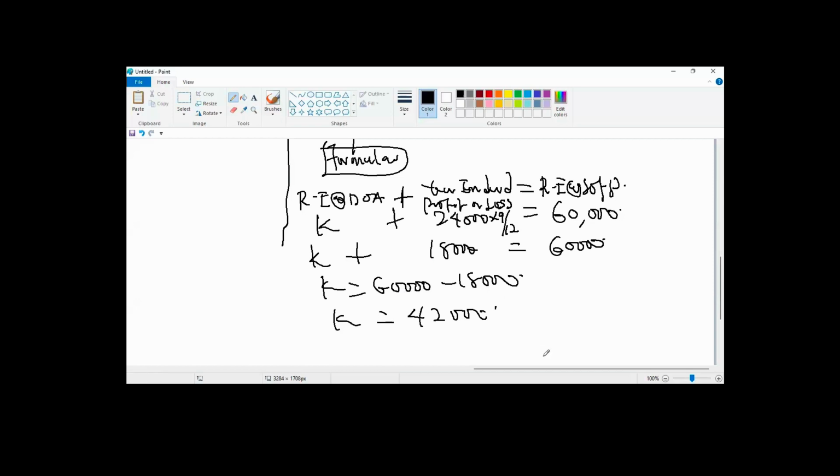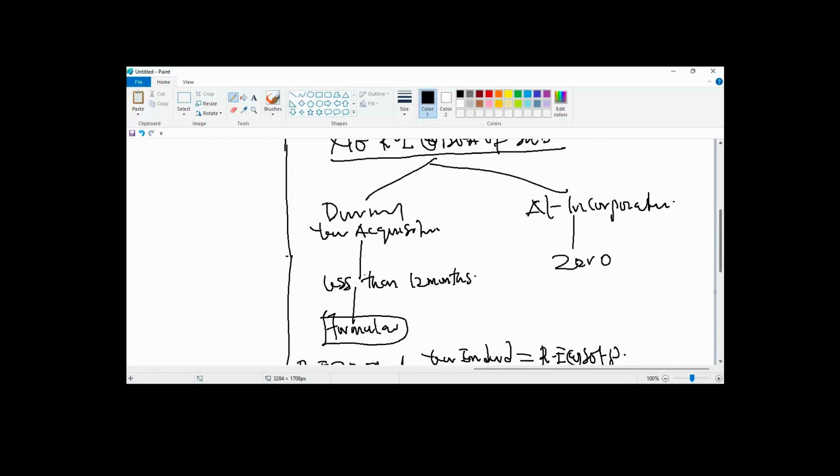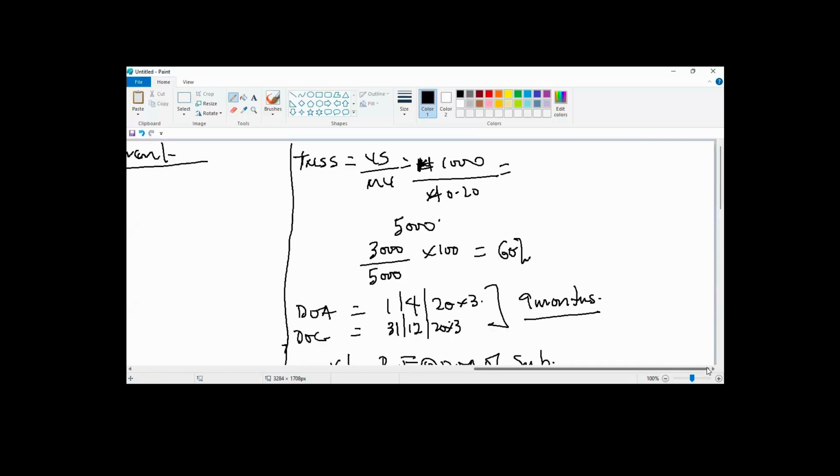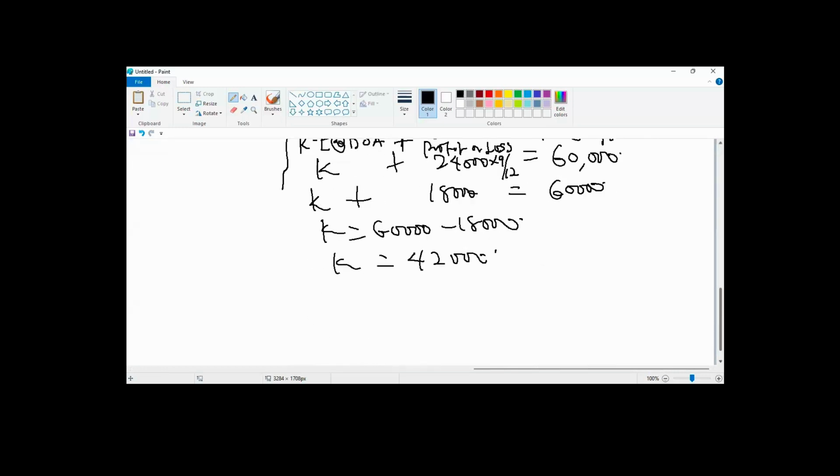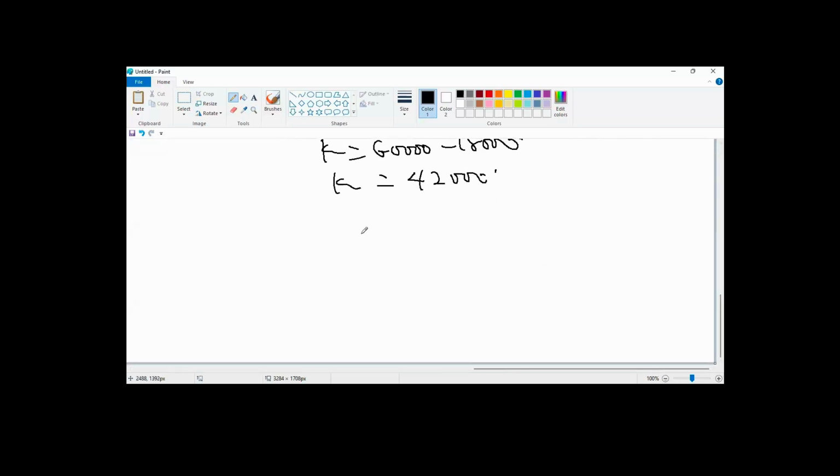Alternatively, the one I can give to you to use in the exam, when it is during the year, I will say, okay, retained earnings. Retained earnings at SOFP, 60,000.